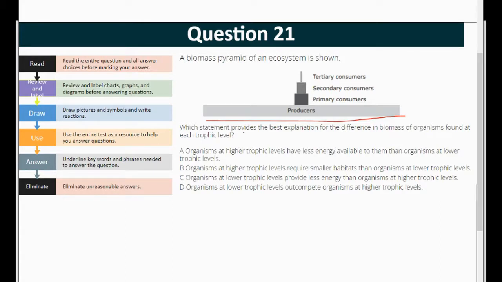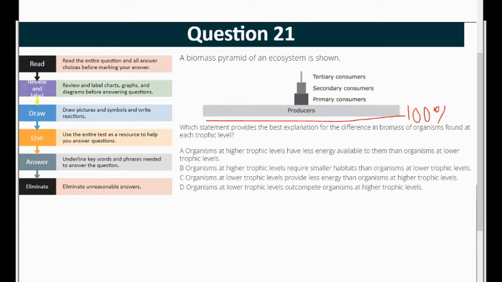It says, which statement provides the best explanation for the difference in biomass of organisms found at each trophic level? So we've got a lot more producers here, and that is because they are able to get their energy from the sun. So all of the energy in our food web, in our biomass pyramid, is coming from the sun. So 100% of the energy is created here on the producer level.